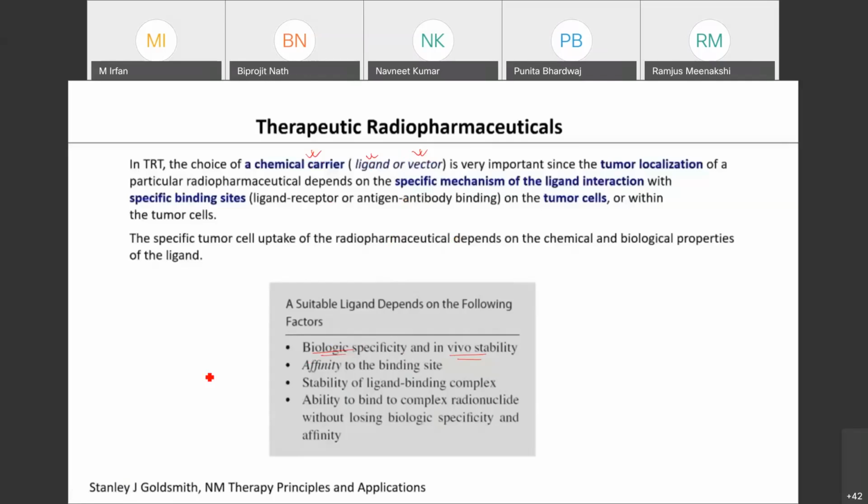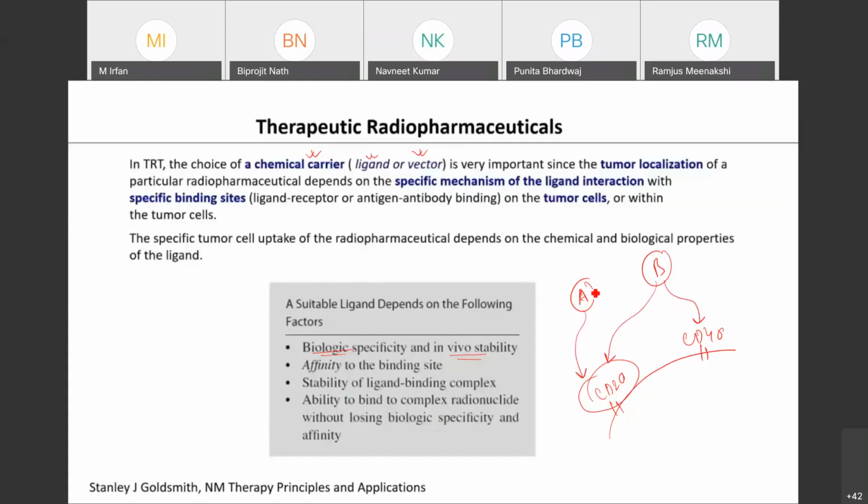For example, now we have a cell over here, and it expresses two receptors, say CD20 and CD40. And we have two chemical carriers, or two ligands, a ligand A and a ligand B. And CD20 is overexpressed in disease. Fine. So this ligand B binds both to CD20 and CD40, and ligand A binds to only CD20.